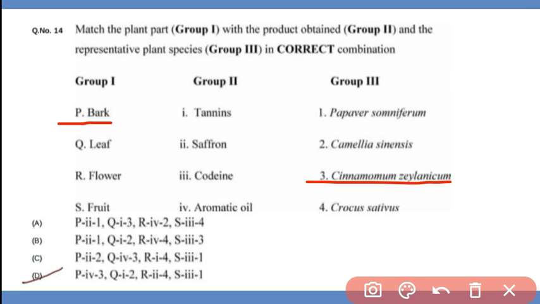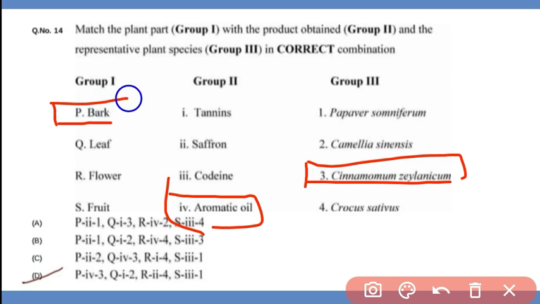Cinnamon oil is an aromatic liquid obtained from the twigs, bark and leaves of this plant, and the bark is used for the preparation of spices. So the bark, aromatic oil producing plant is Cinnamomum zeylanicum.